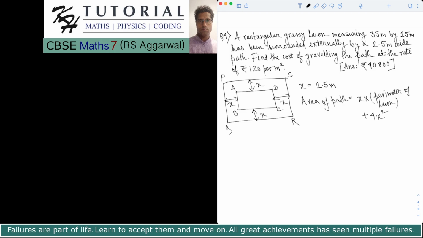The length of PQRS will be 35 plus twice x. Similarly, the width of the rectangle PQRS will be the width of the grassy lawn plus twice x.